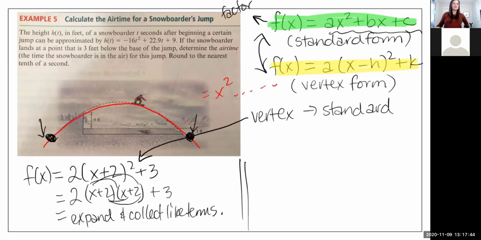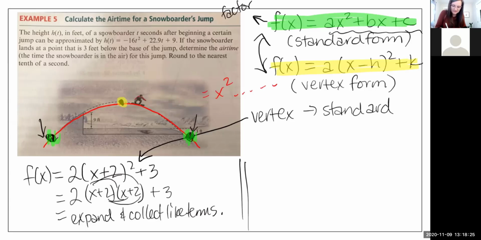And vertex form offers us this maximum point, that vertex point, which is also very interesting sometimes. And obviously the other letters in vertex form will help you determine the shape, if it's up or down, and if it's wide or narrow based on the a value. So I'm just recapping things that we've learned.